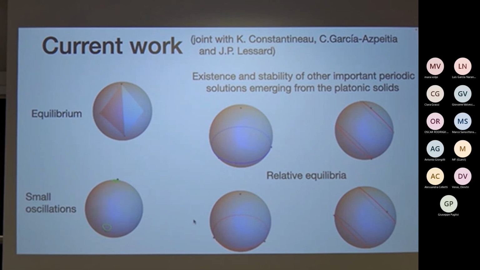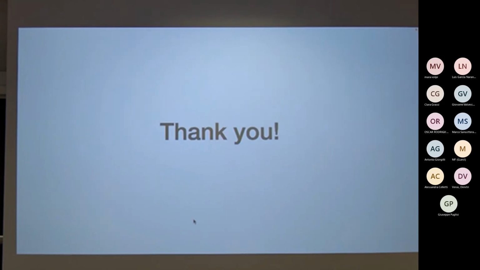And that we do employing just the geometry of the problem together with computer-assisted proofs. One of the collaborators in this new project is Jean-Philippe Lessard from Montreal, who is an expert in this. So this is what we're working on, and I hope to have something interesting to report on this. So thank you very much.